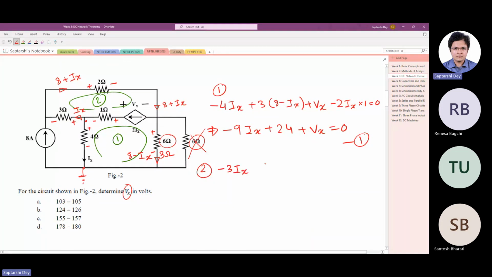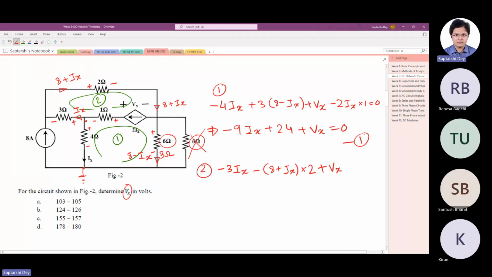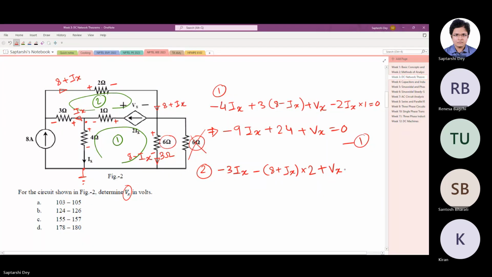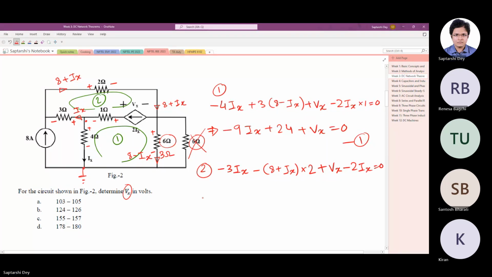Again drop, minus (8 plus Ix) times 2, another drop. Vx rise, again a drop of minus 2Ix.